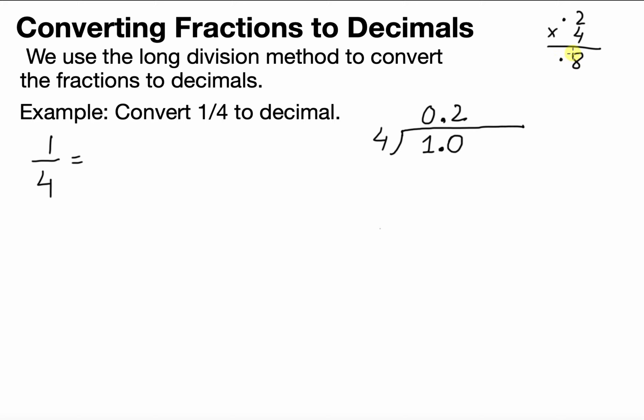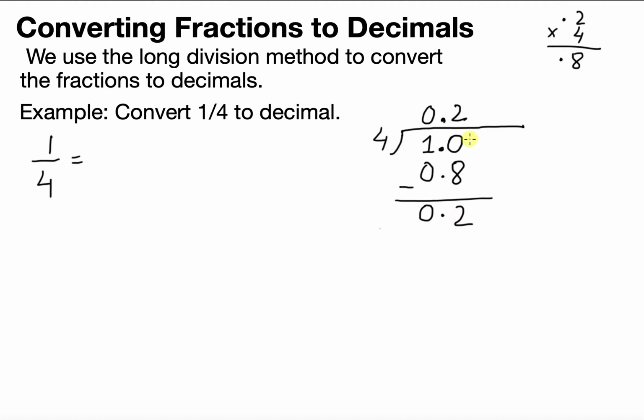So 4 times 0.2 is 0.8. 1 minus 0.8 is going to be 0.2. So we borrow from 1, bring it here, this changes into 0. Once we borrow, this becomes 10. 10 minus 8 is equal to 2.